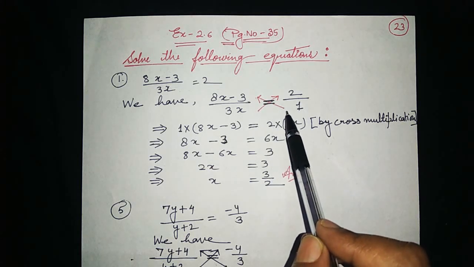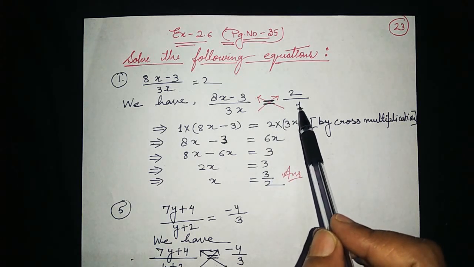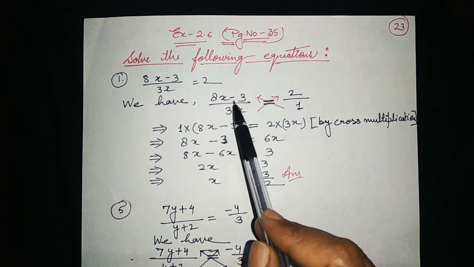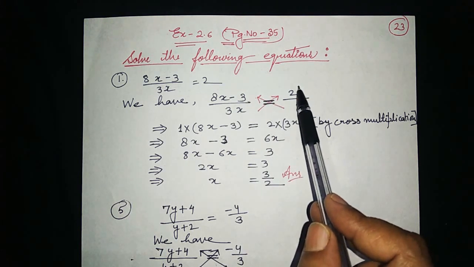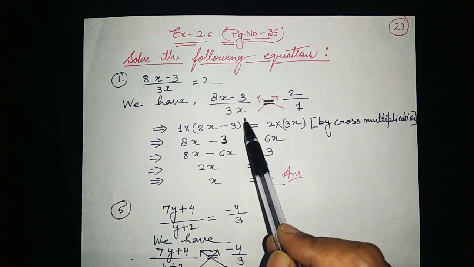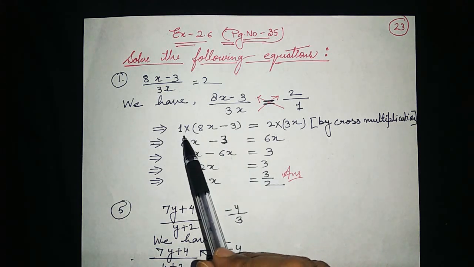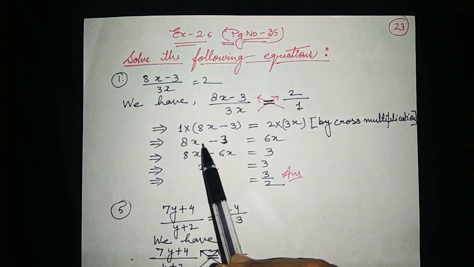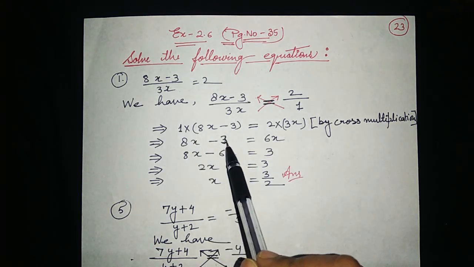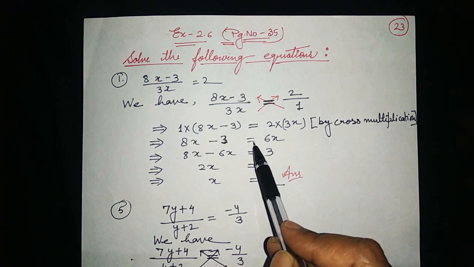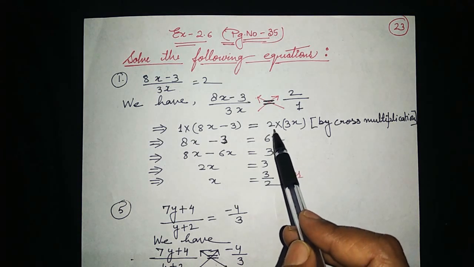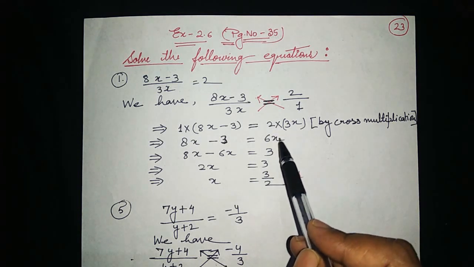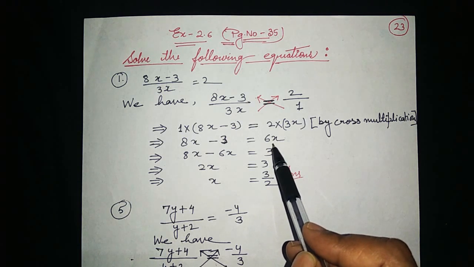So it is clear that first we will multiply 1 with 8x minus 3, and this 2 we will multiply with this 3x. When we multiply 1 and 8x minus 3, in the next step we will get 8x minus 3. And on the right hand side, when we multiply 2 into 3x, we get 6x.